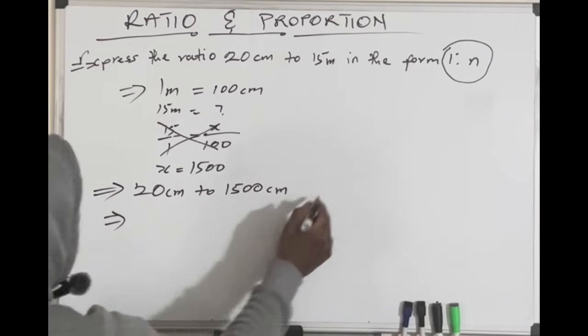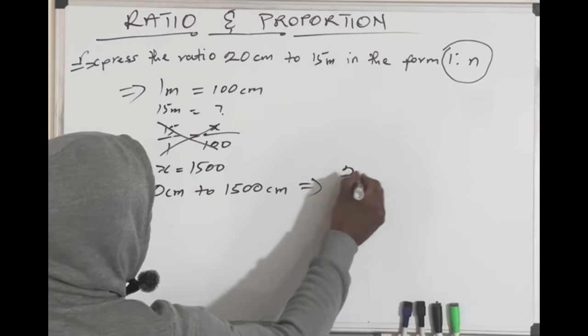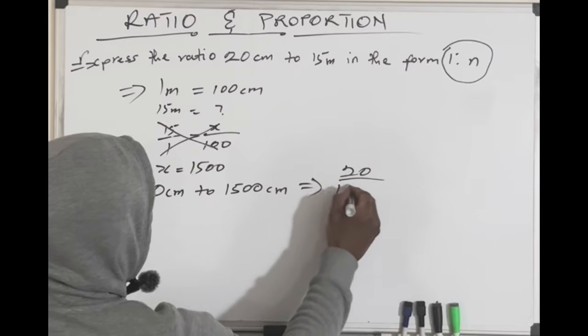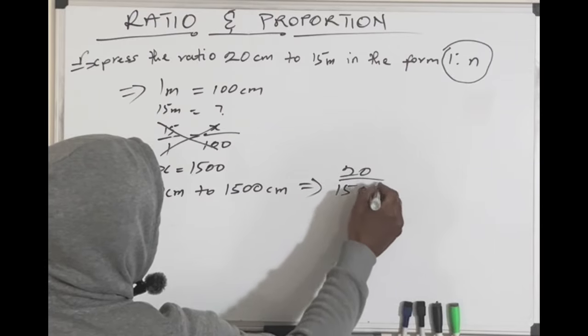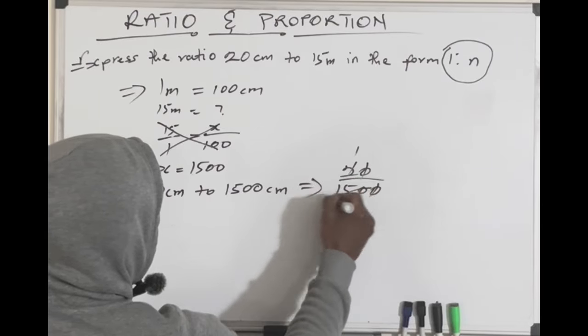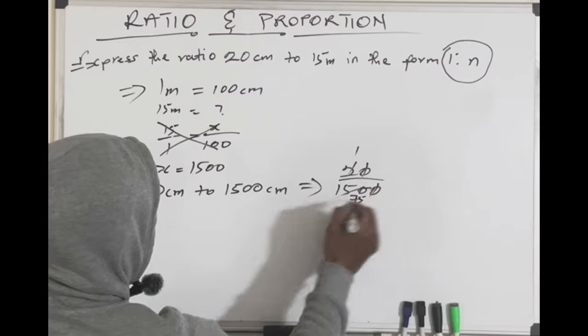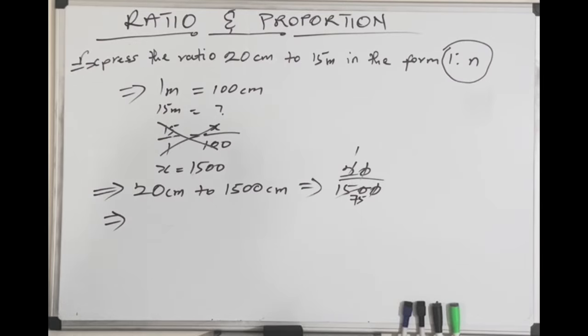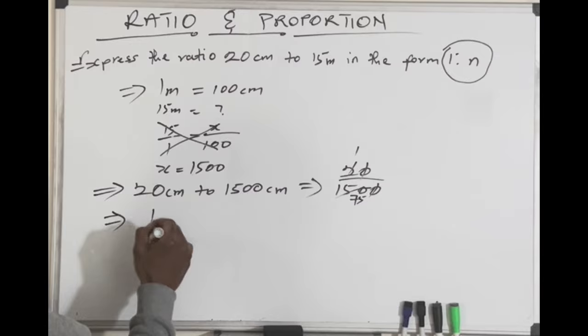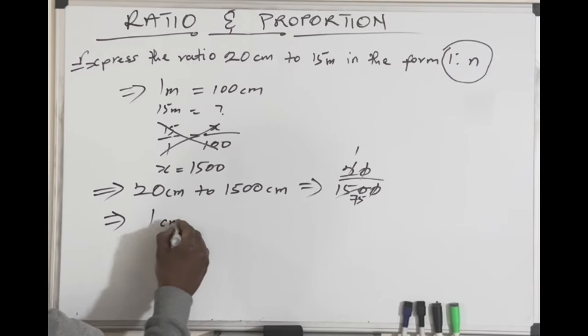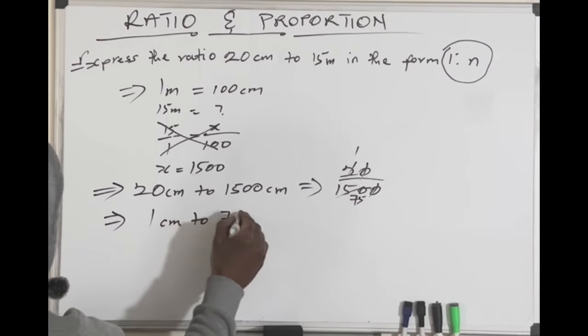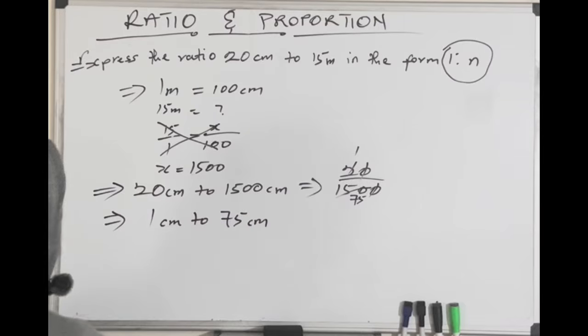So this can also be written as 20 to 1500. These are cancelled. Then we got what? 75. So when we cancel here, 1 centimeter to 75 centimeters.